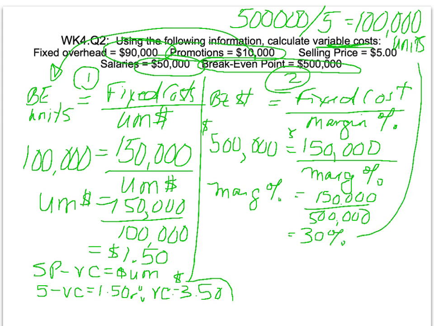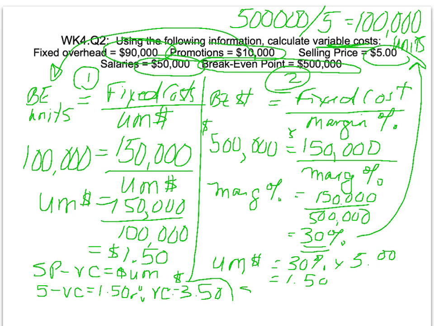We then know if our margin percentage is 30% and our selling price is $5, then our unit margin in dollars has to be 30% of $5 or $1.50. And now we're back to the same scenario where we take selling price of $5 minus variable cost is equal to $1.50, and therefore variable cost becomes $3.50.